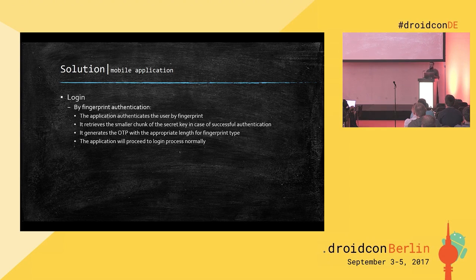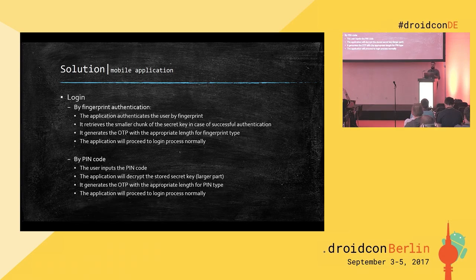So, the application retrieves the smaller chunk of the secret key, which is encrypted on the device, and retrieves the encryption key from the key store, decrypts the smaller part of the secret key, generates the OTP, and proceeds with the login process the same as in the past.